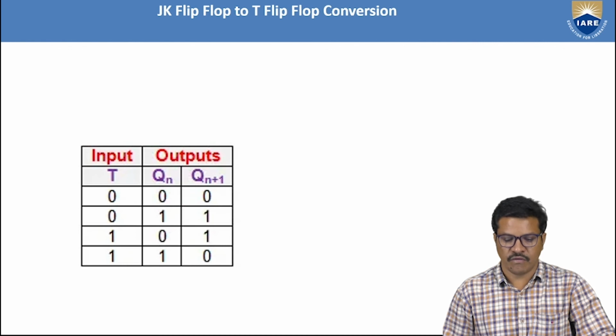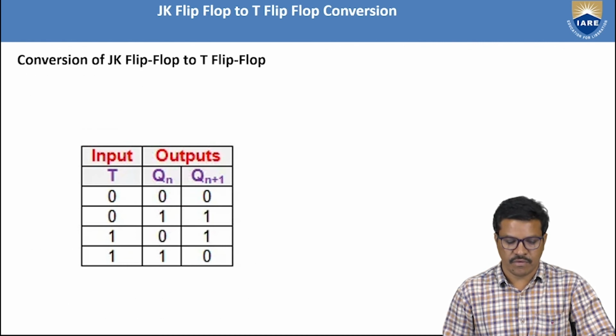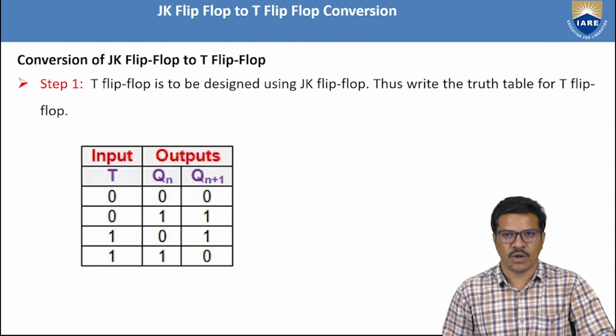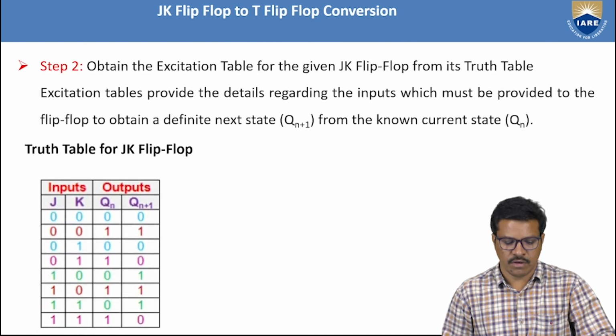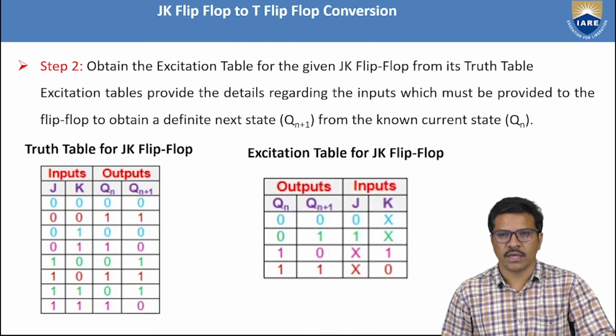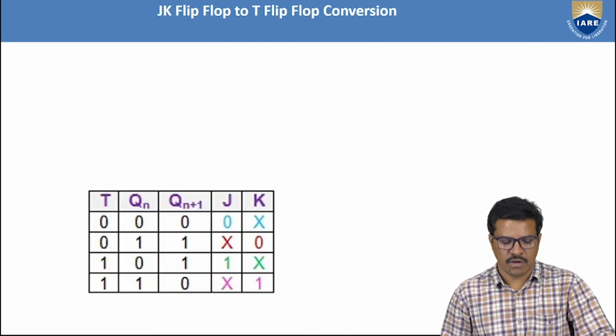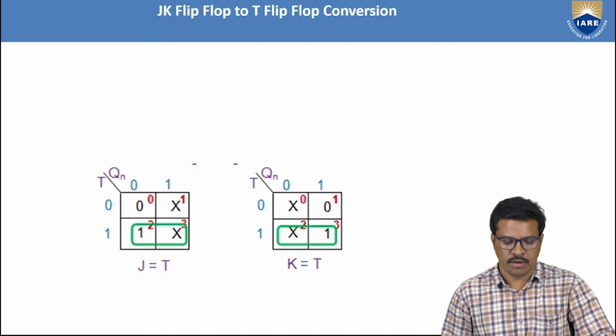Here, JK flip-flop to T flip-flop. Step 1, truth table for the desired flip-flop, excitation table for the given flip-flop, and then the conversion table, and then the Boolean function.